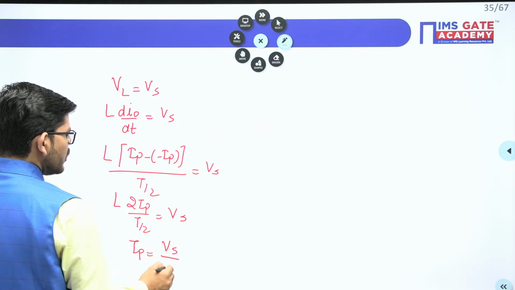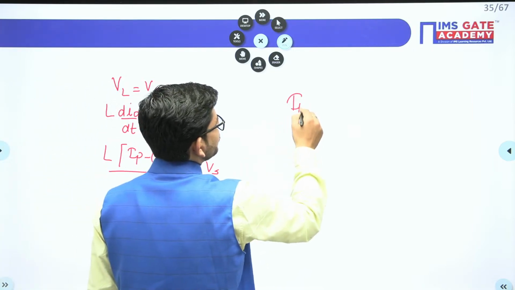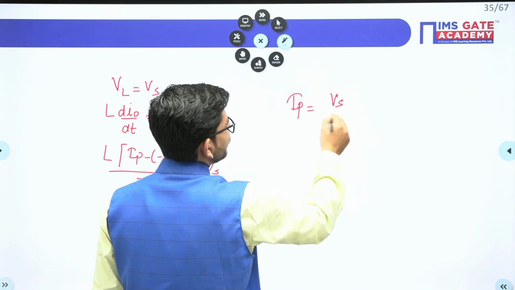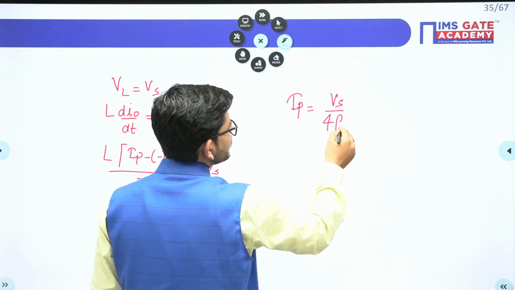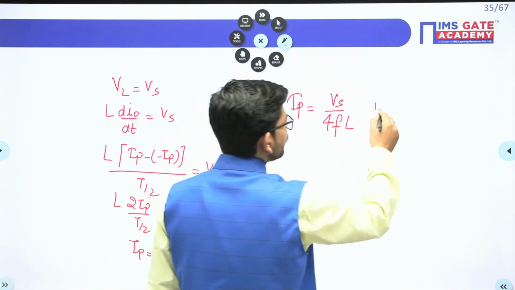Vs upon 4 F L, okay? So this is the expression for Ip for a single phase full bridge inverter, Vs upon 4 F L, for a single phase full bridge inverter.